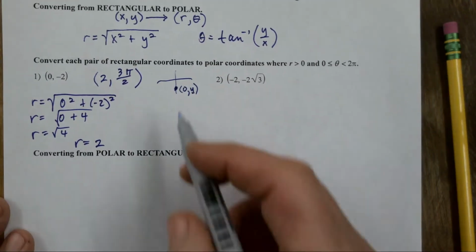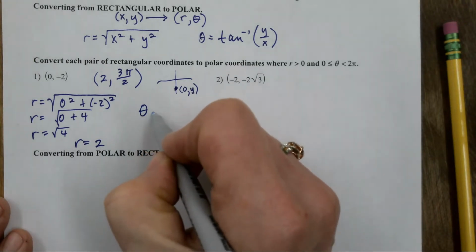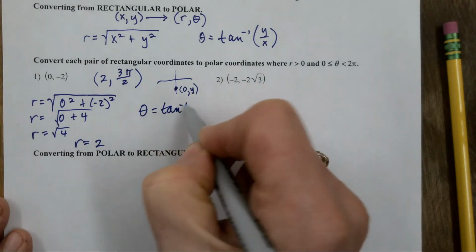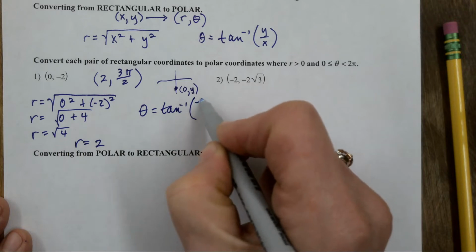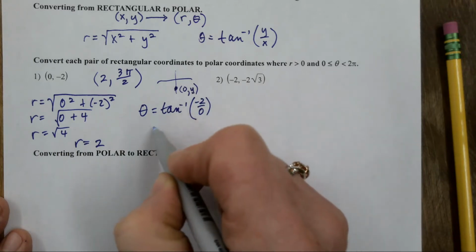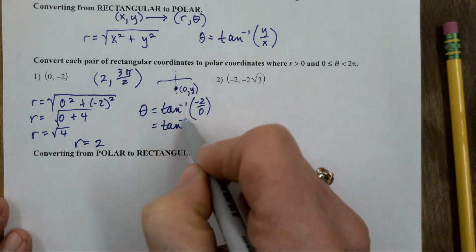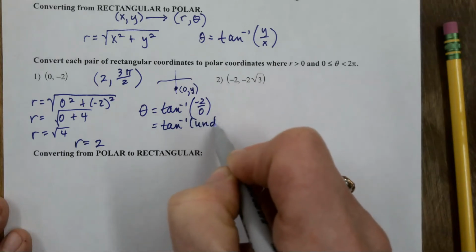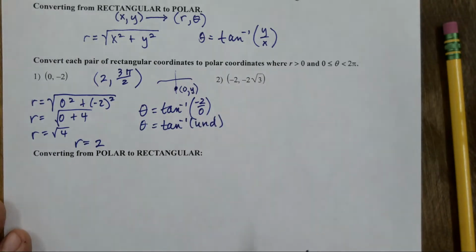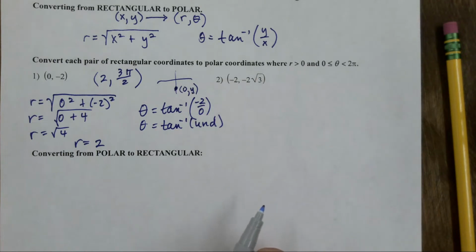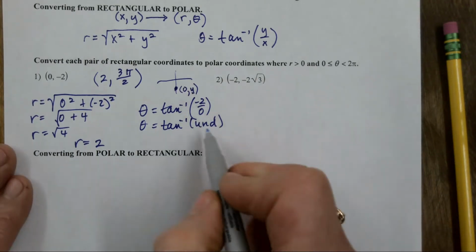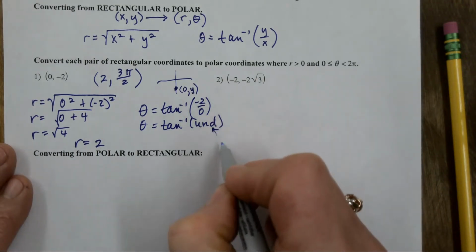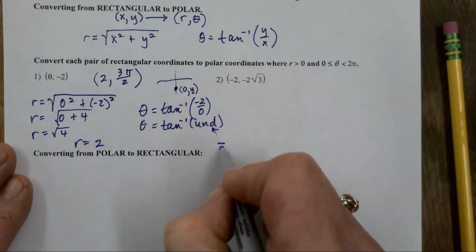And then when I'm finding theta, remember theta is the tangent inverse of y over x, so that's -2 over 0. That means I need to figure out when the tangent is undefined, because that would be 0 in the denominator. And again, the tangent is undefined when I have something over 0.